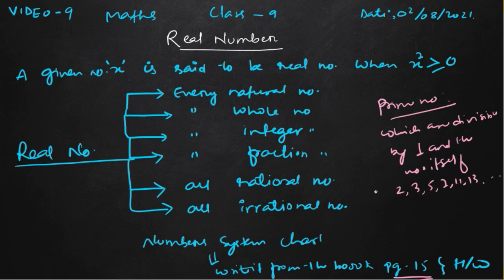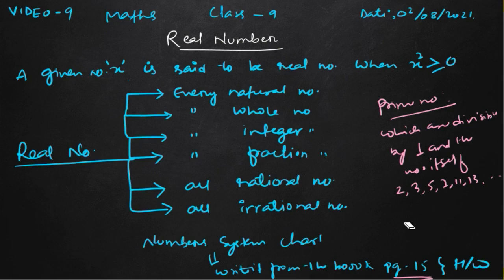Composite numbers have more than 2 factors. For example, 4 has more than 2 factors: it is divisible by 1, by 2 and by 4.